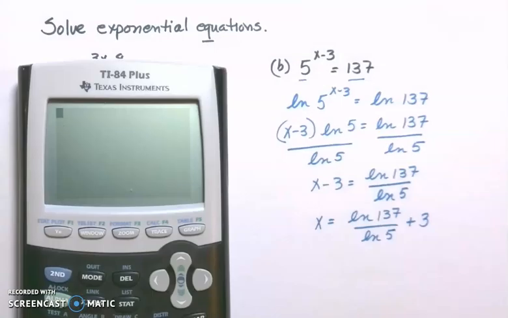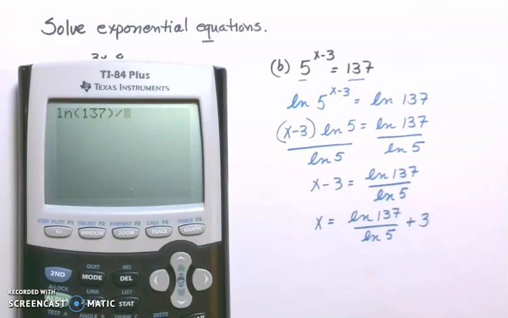One thing you need to be very careful with when you're using a graphing calculator or any scientific calculator is the parentheses around the arguments of the logs. So I'm going to do natural log, and it opens parentheses for me, 137, and this is the critical point. You must remember to close the parentheses on that argument.